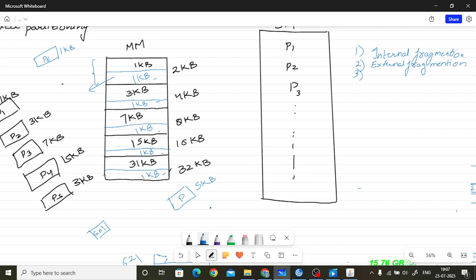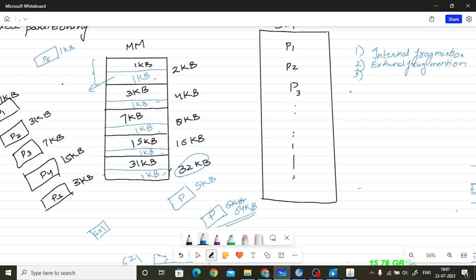If a process of 64 KB has to be accommodated into the memory, but the largest partition that we have is 32 KB, we can't accommodate the 64 KB process into the main memory.